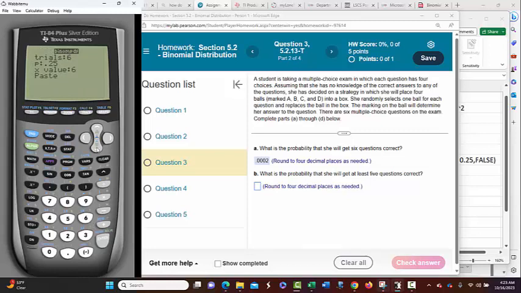And then just change this X value to 5. And that should be the 2 added together.